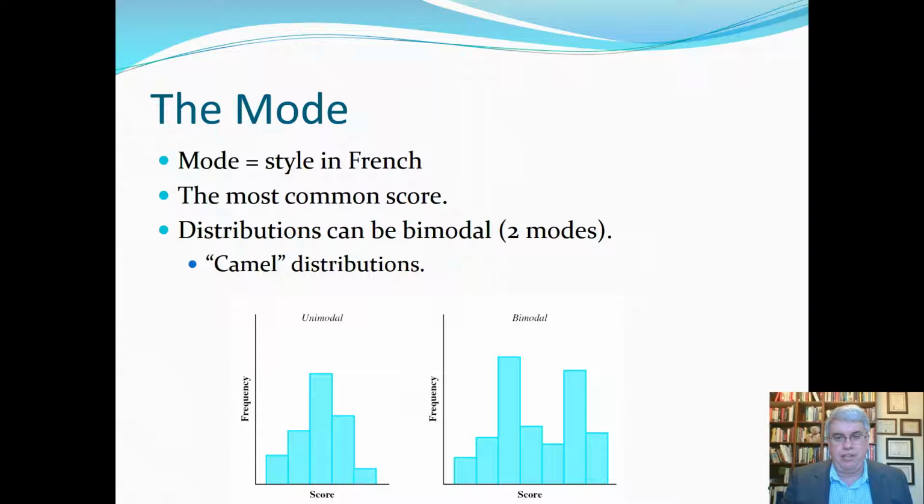For example, if we were measuring athletes at a school that only had 2 teams, a girls' gymnastic team and a men's basketball team, if we were to graph everybody's height, we'd have one group that's a lot shorter than the other group, and we would have 2 modal scores in a situation like that. Sometimes it's called a camel distribution because it looks like two humps on a camel. So that's the mode. So we don't use the mode very often, except for getting an idea like, oh, what's the most common score? And when we draw the frequency distributions, the mode is what stands out the most.